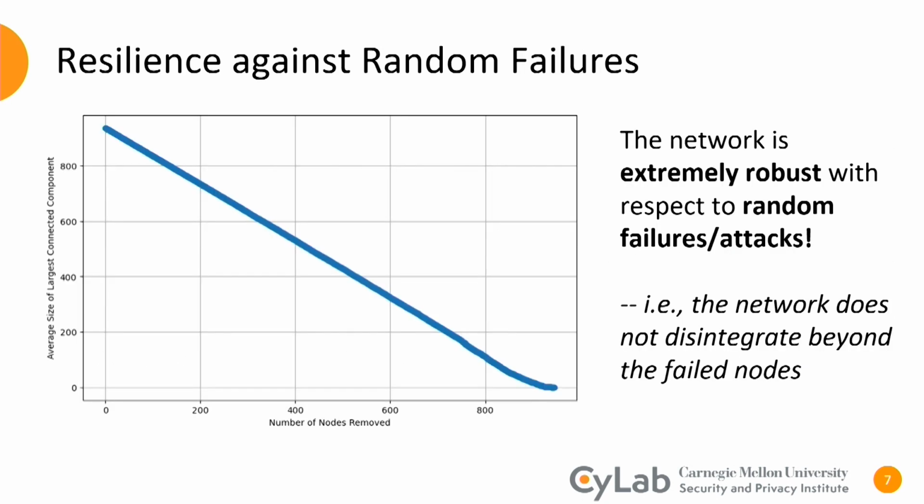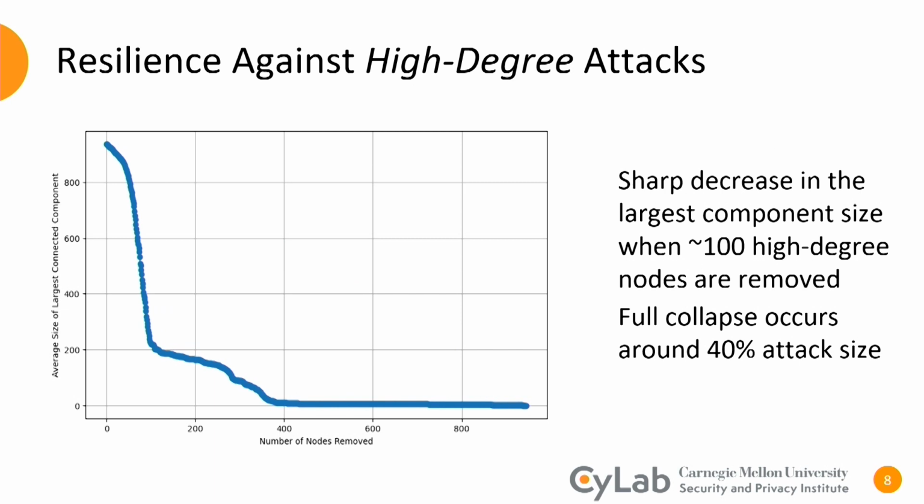Let's look at some results. For random failures, it seems like this network is extremely robust. We are pretty much looking at a linear decline here, which means that no matter how many nodes you fail, the rest of the network seems to stay connected, which is a great feature. But when we turn to targeted attacks, in particular, we considered here an attack that targets the highest degree nodes, the most connected ones.